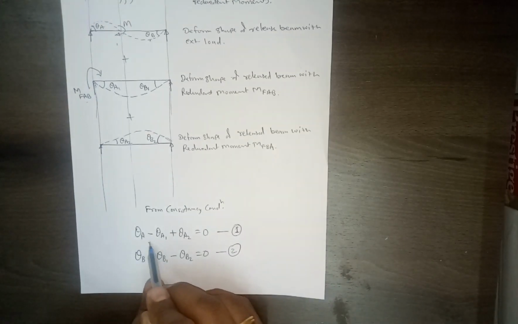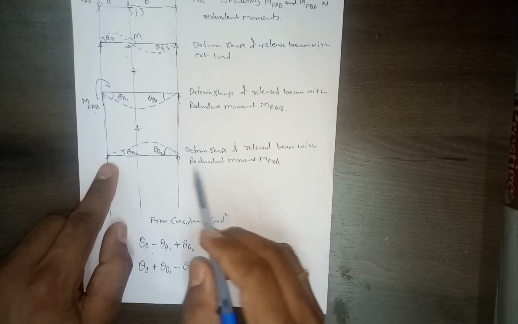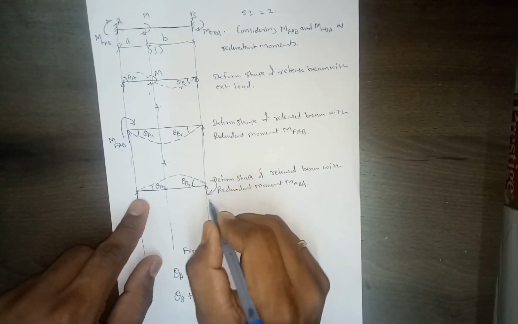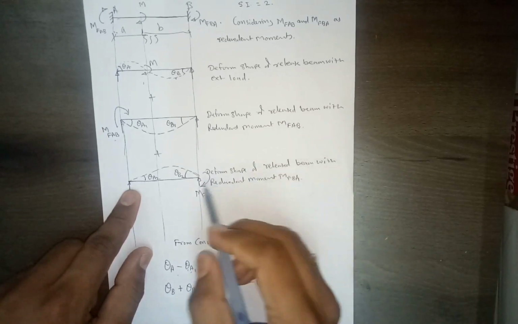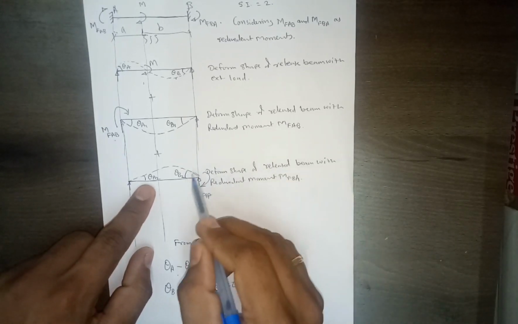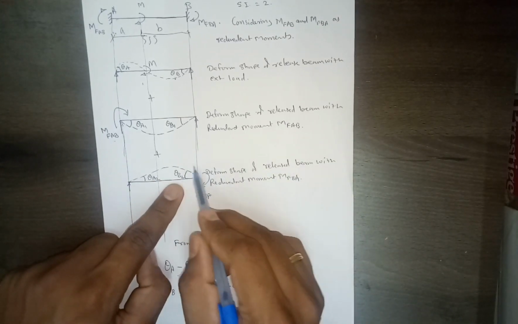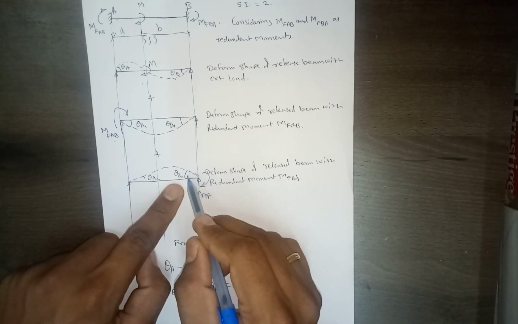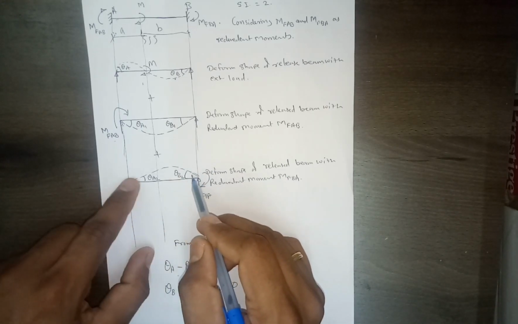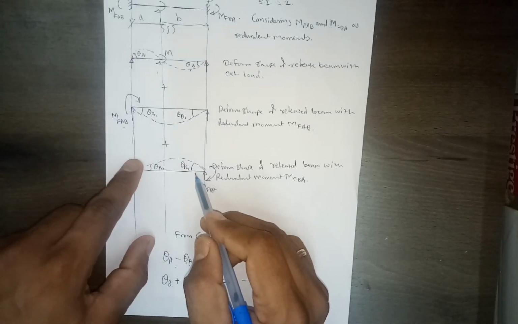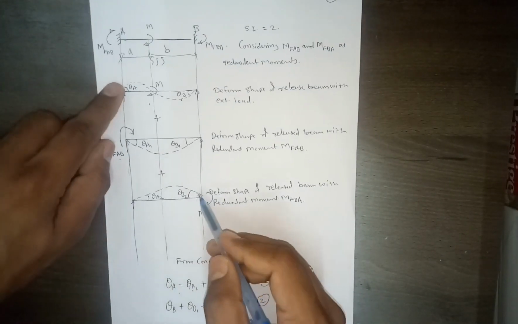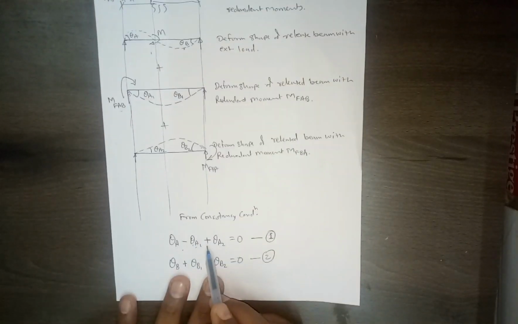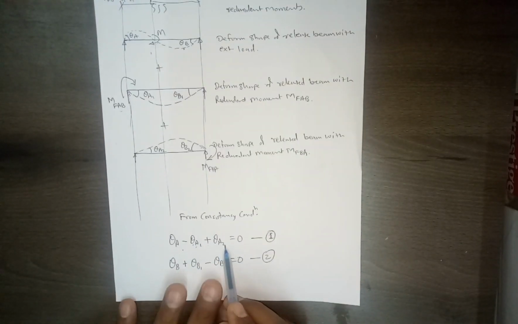That's how minus theta A1. But when you apply this moment MFBA, it will rotate the beam at this end in clockwise direction. So this clockwise rotation here will cause anticlockwise rotation, and since we assume anticlockwise positive, it will be positive theta A2.